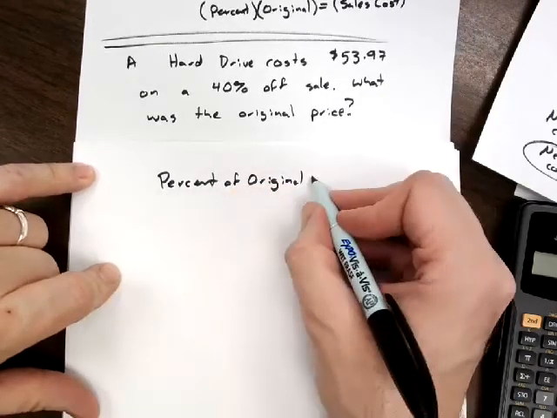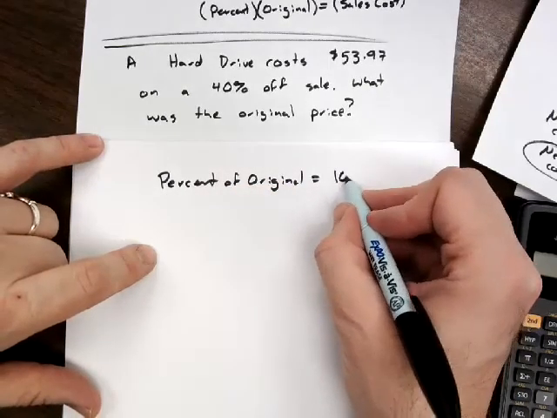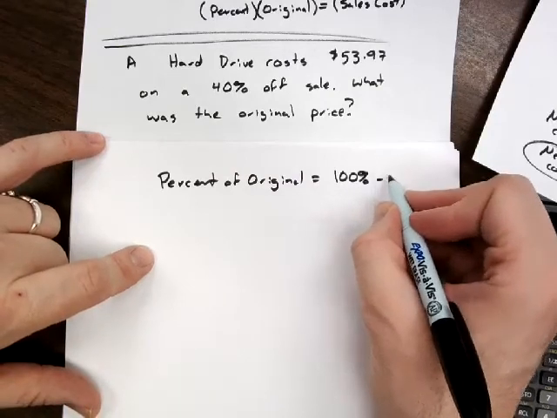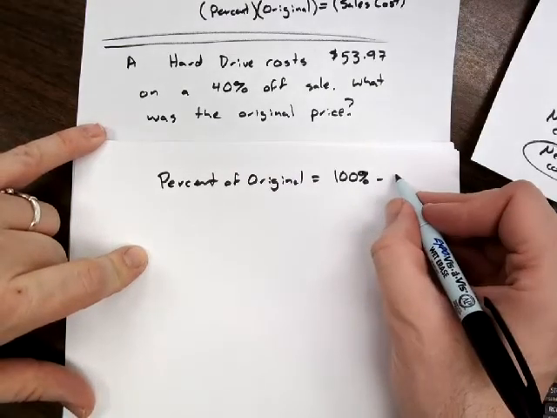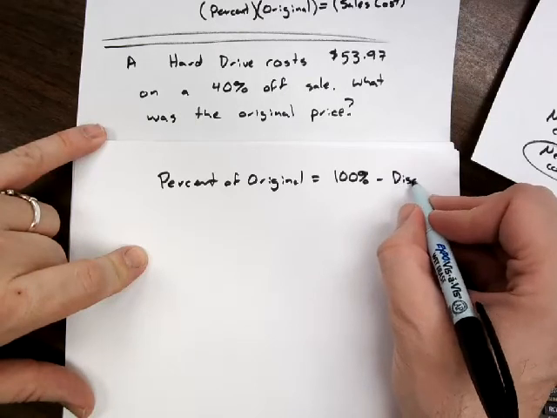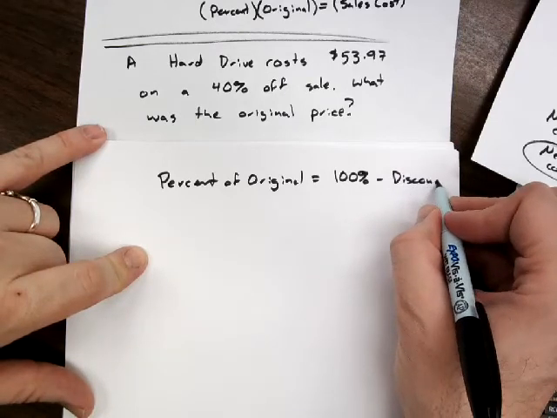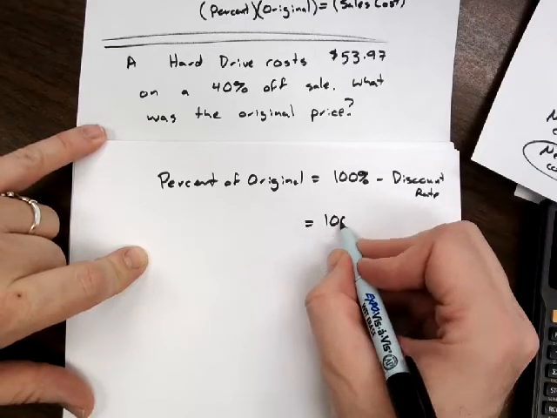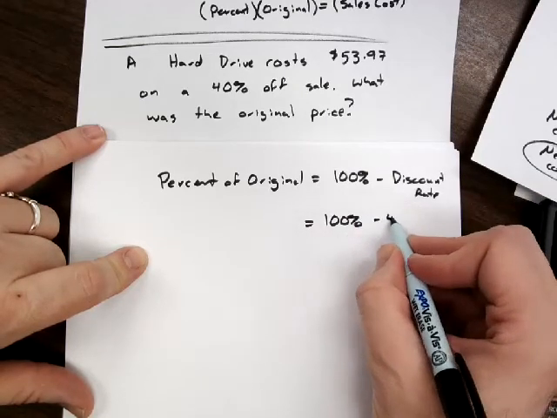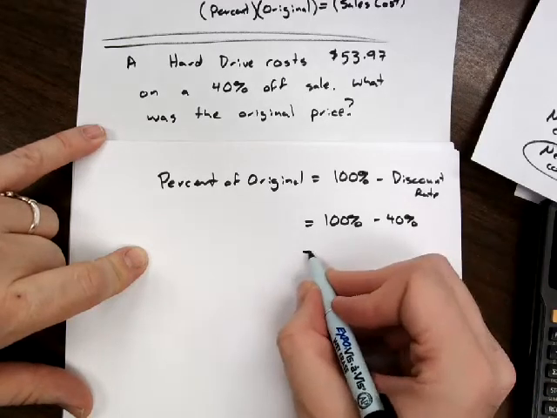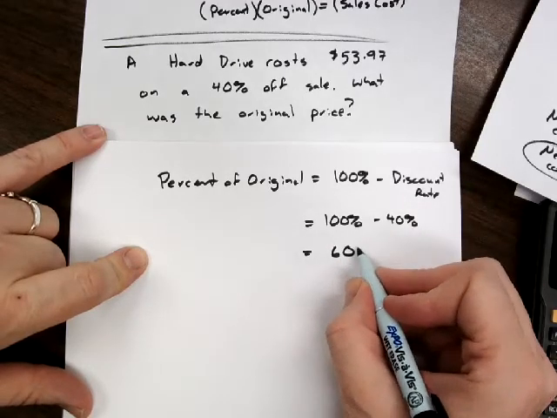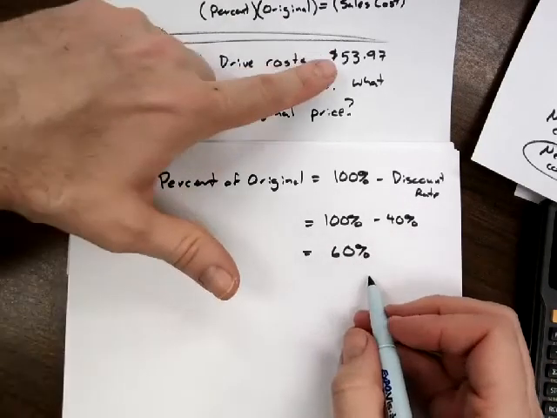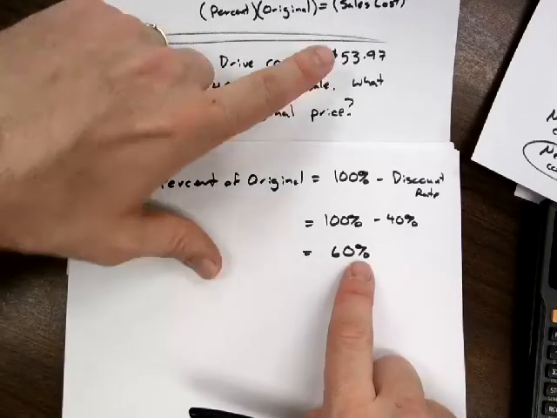Percent of original is going to be, in this case, 100% minus that discount rate. So this is going to be 100% minus 40%, and that's going to end up giving us 60% of our original. So this $53.97 is 60% of our original cost.